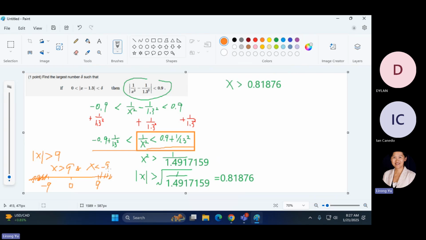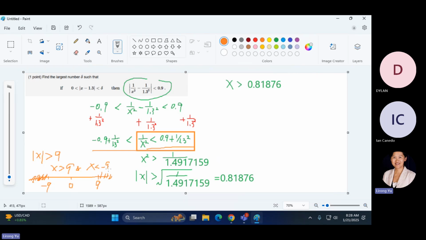Before, we were talking about the case where the absolute value is less than a number, then x is less than the positive 9 and bigger than the negative 9. But if x is bigger than a number instead of less than a number, then you have to break it down into the positive part and the negative part.